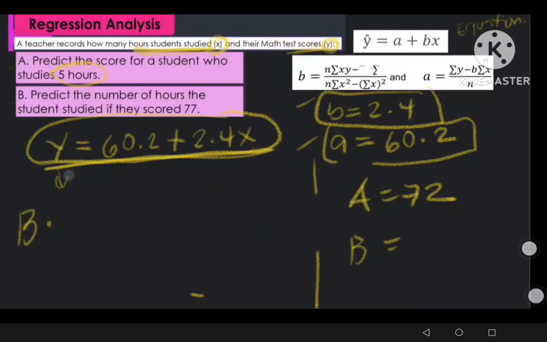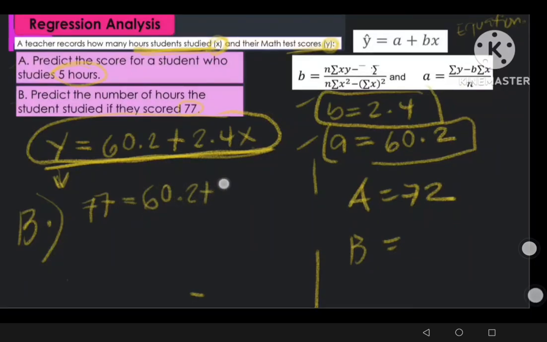So that y there, we replace with 77. So 77 is equal to 60.2 plus 2.4x. So x is what remains, because we are looking for the number of hours of our prediction if the score of the student is 77.